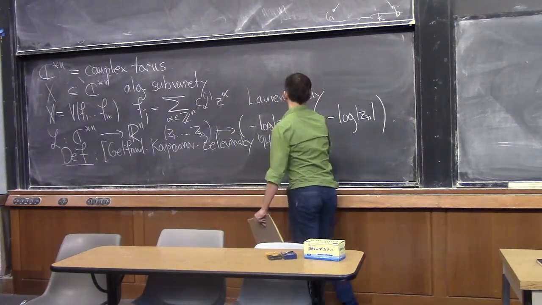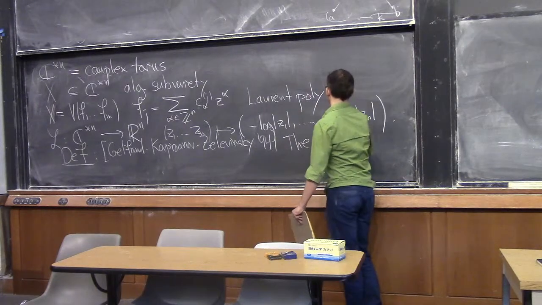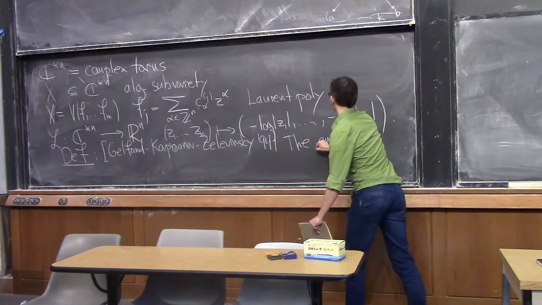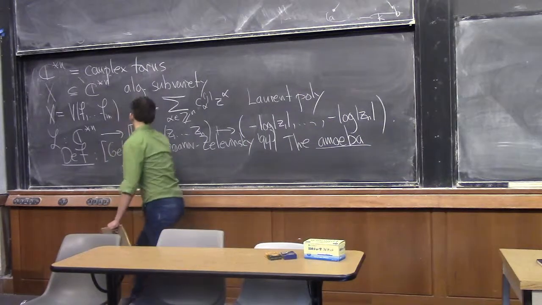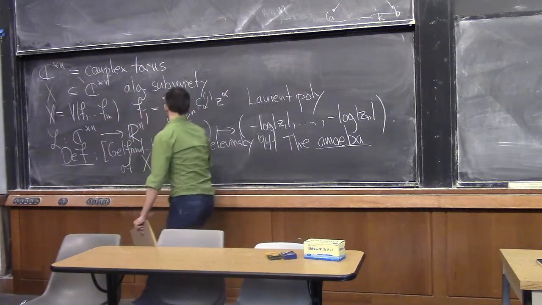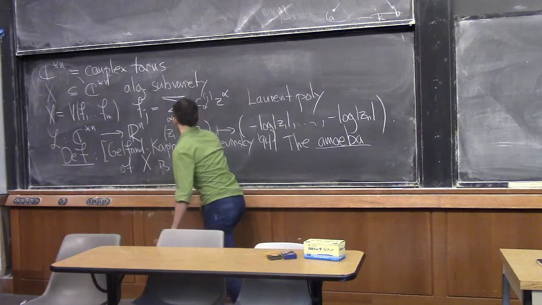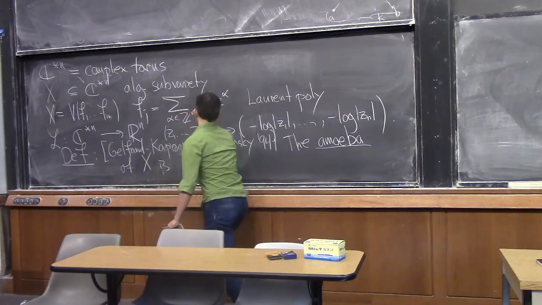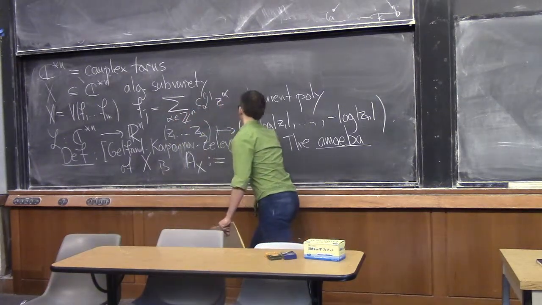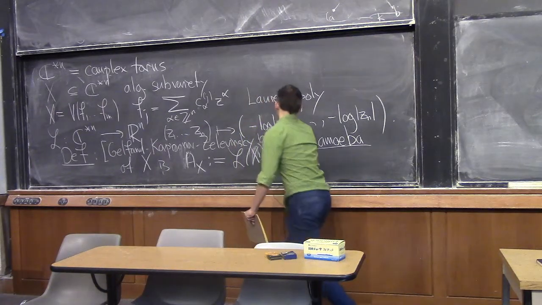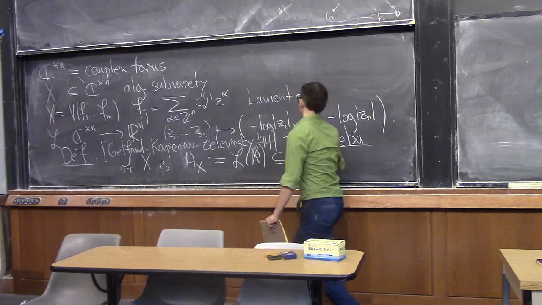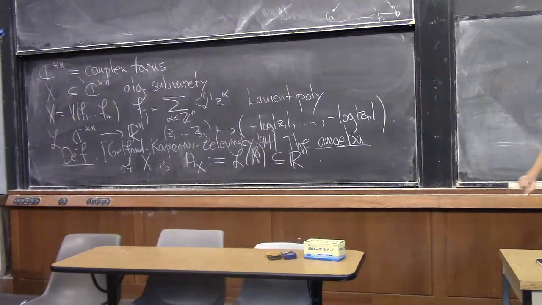And the amoeba of X is just the image. We call this A of X. This is the image of X under the logarithm map. So this sits inside R^n.